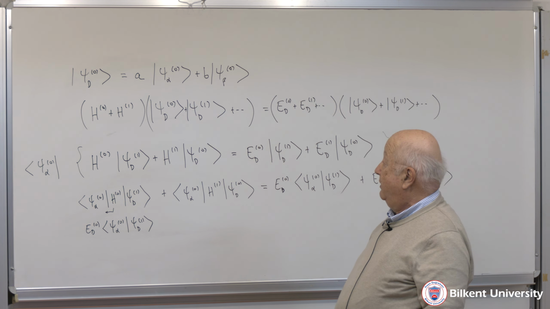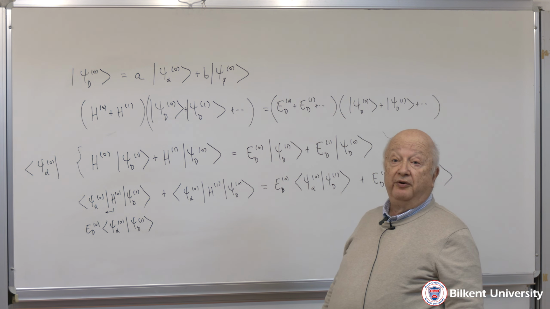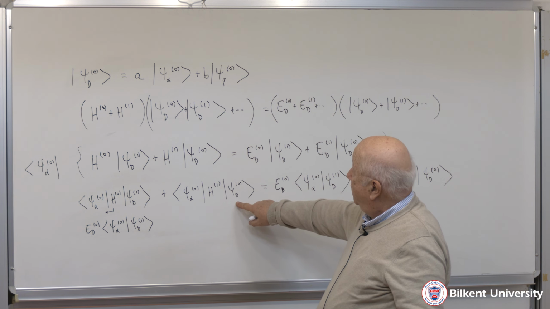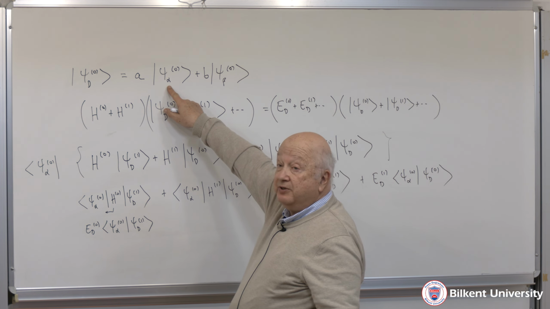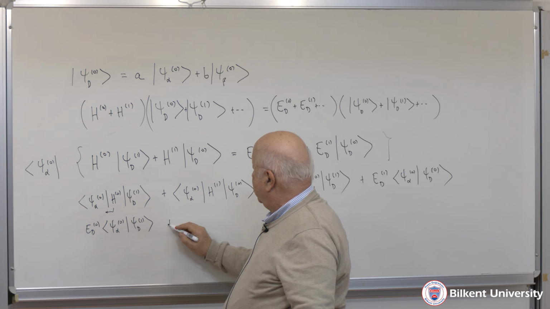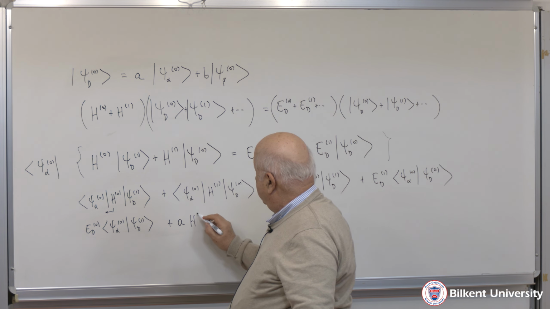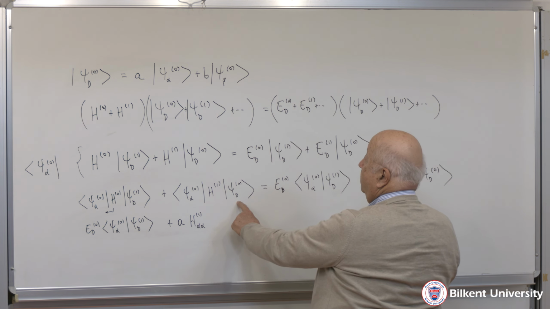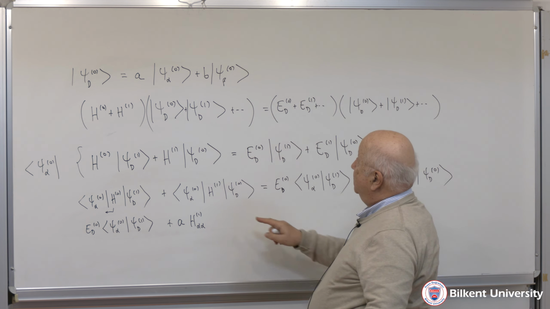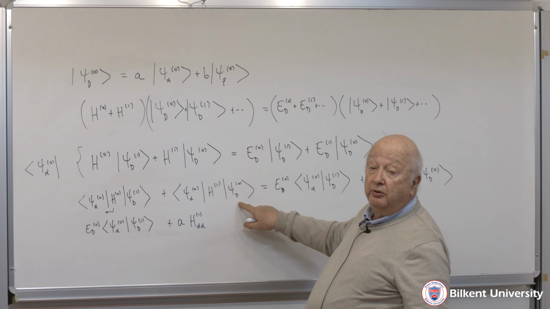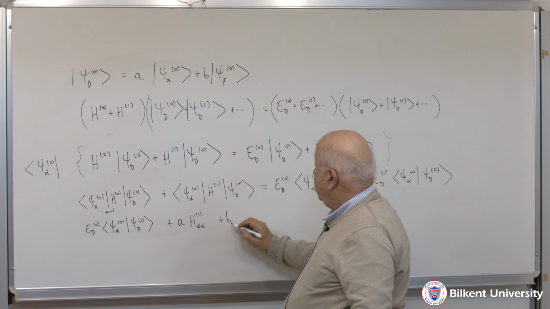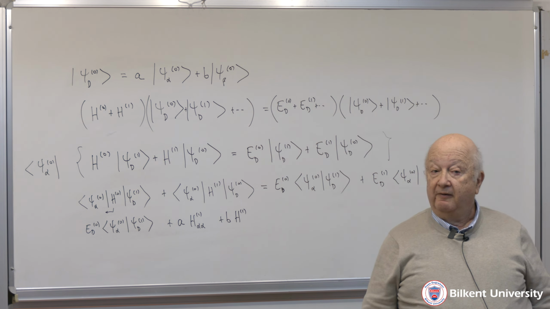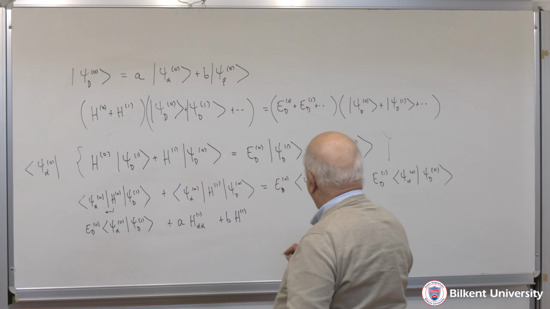So it's going to give me two different matrix elements of H1. There will be one term which is a times psi alpha 0, so that's going to give me plus a H1 alpha alpha. From the left I hit with alpha, from the right I hit with alpha. But there's another one in psi d0, so that's going to be plus b H first order. Which matrix element? Alpha beta. Alpha beta, very good.